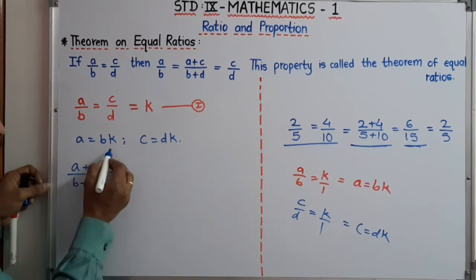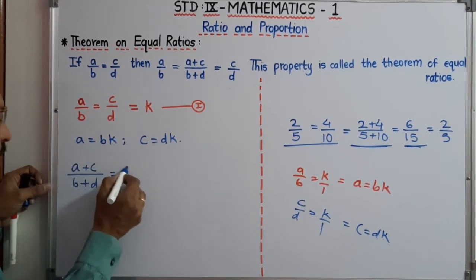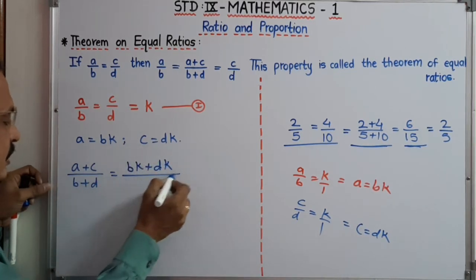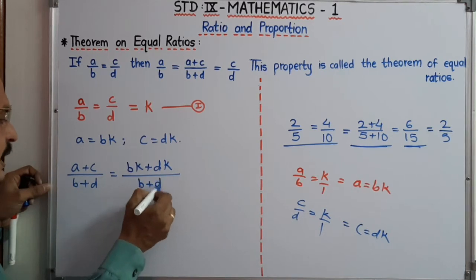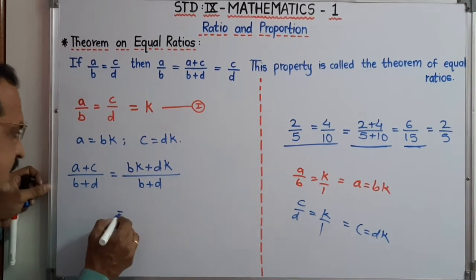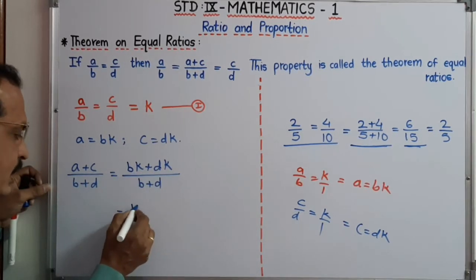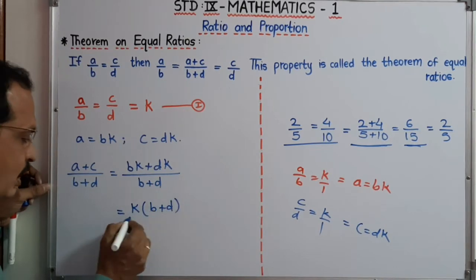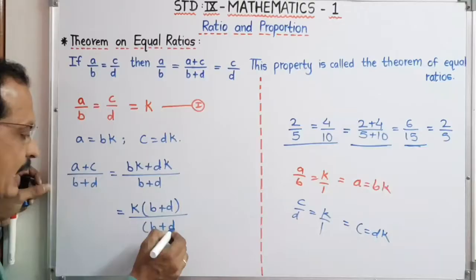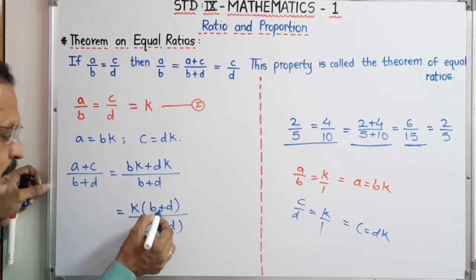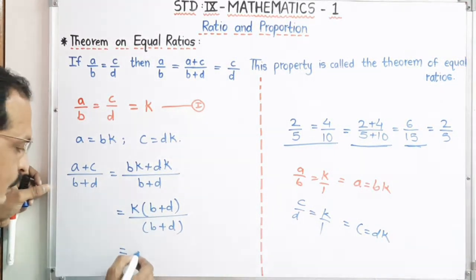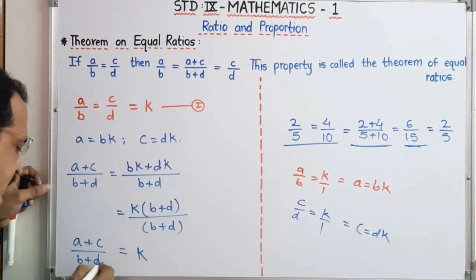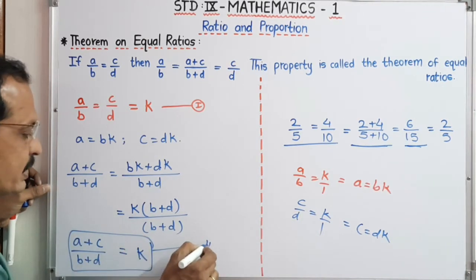The value of A is BK plus C is DK, and B plus D as it is. Now we can take out K as common, and we get K times (B plus D) upon B plus D as it is. Therefore this B plus D and this B plus D get cancelled. We get K. Therefore (A plus C) upon (B plus D) is also equal to K. This is statement number second.